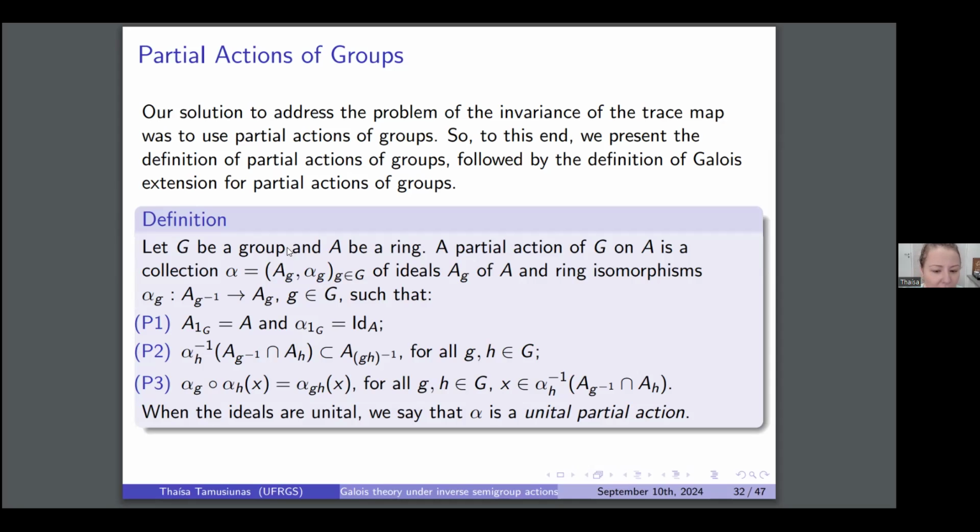I don't know what the question is. Well, I'm asking whether, if I take the definition of orthogonal action of an inverse semigroup on an algebra, on a ring, and now I let the semigroup be a group.